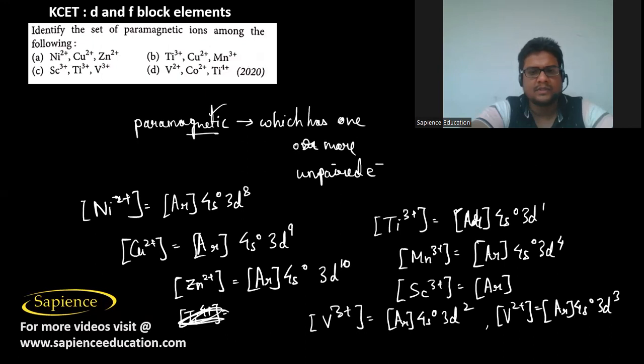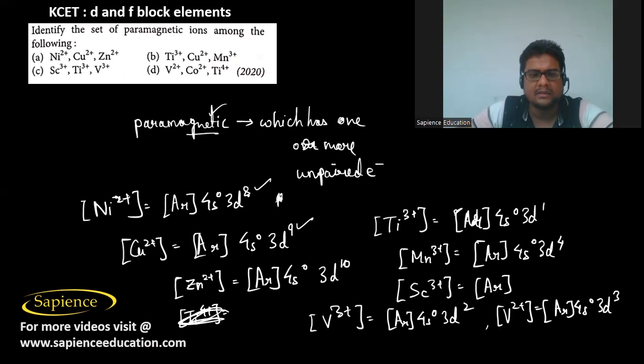So here it means that nickel, copper, and zinc, these three are not all paramagnetic. Ni2+ and Cu2+ are paramagnetic since they have unpaired electrons.